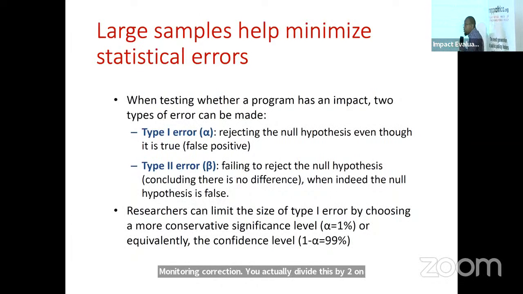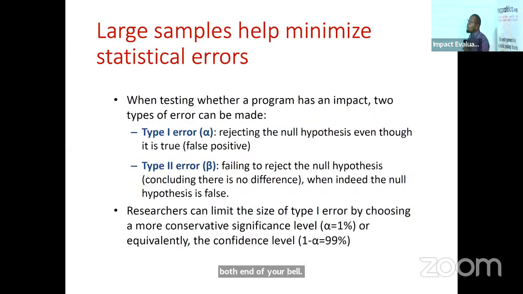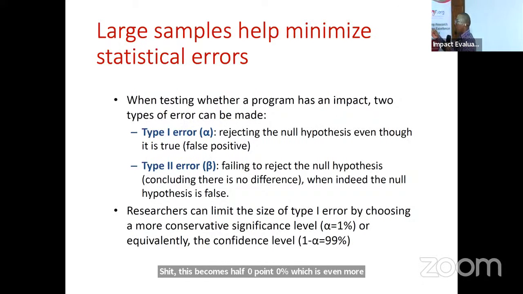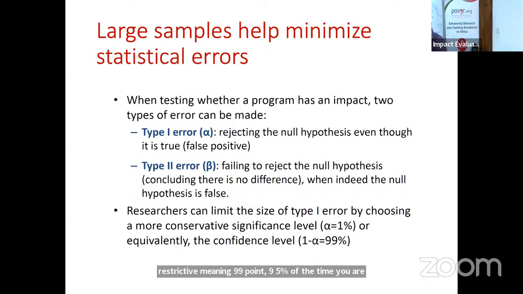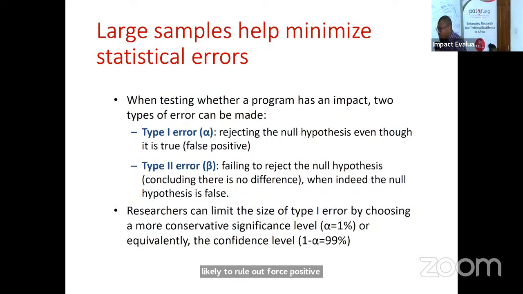This becomes half, 0.005, which is even more restrictive, meaning 99.95% of the time, you are likely to rule out false positives. Are we clear? So we have to minimize that.